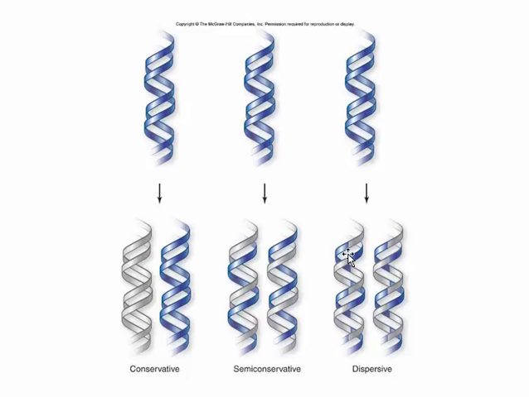Parts of this are copied and chunks are moved around, and here's some new stuff and here's some old stuff, and ultimately you end up with two exact copies, but it's some mixture. And again, if you think of this mechanistically like Watson and Crick did, semi-conservative just logically makes the most sense. It's easier to come up with a mechanism for how this might work. These other two, a little more difficult.